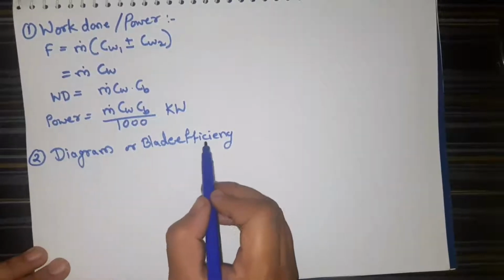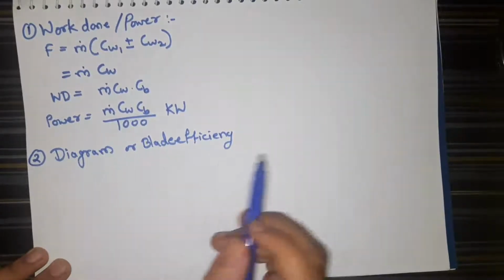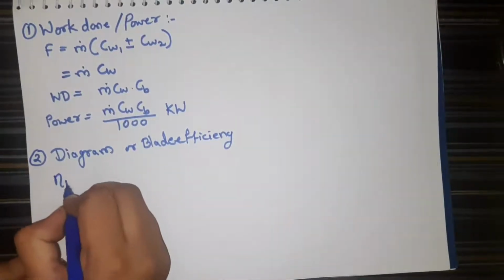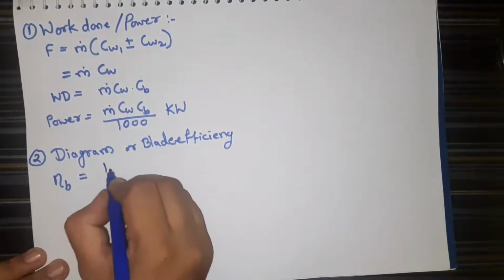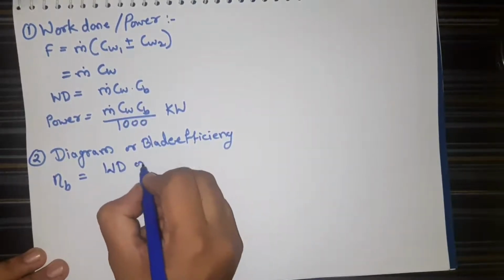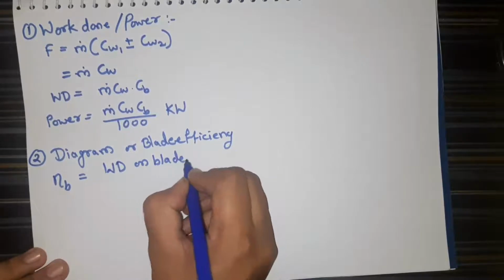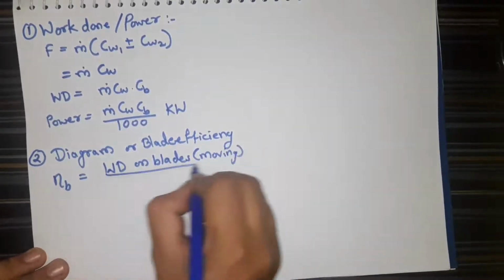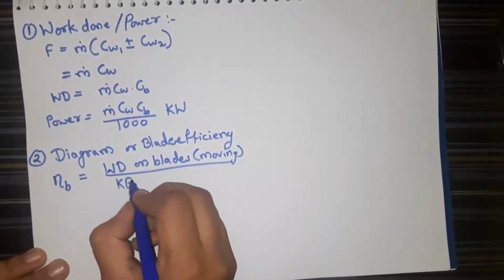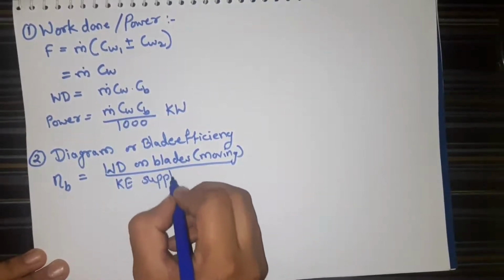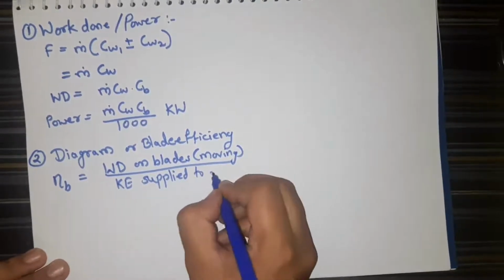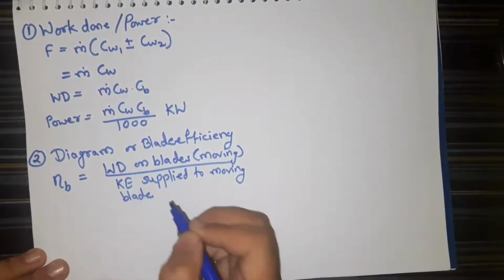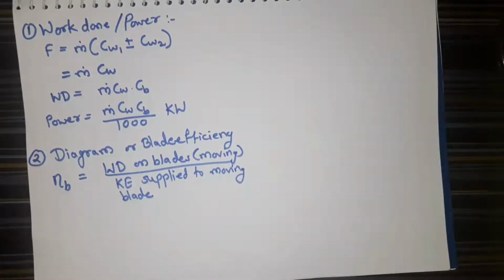This diagram efficiency, or blade efficiency, is based on our velocity diagram. That means blade efficiency will be equal to the work done on the moving blades to the kinetic energy supplied to the moving blade. Here for now we are talking about the impulse turbine.